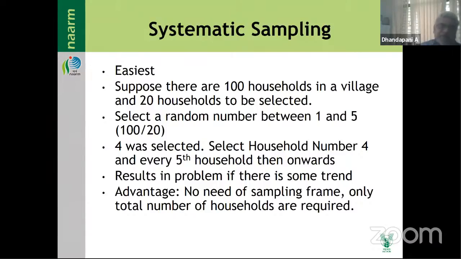So systematic sampling has certain advantages, but also disadvantages. But don't go for systematic sampling as the primary sampling tool, unless of the type I was explaining to you. Other than that, people do not use systematic sampling because if you apply only systematic sampling, you cannot estimate the standard error. Okay.